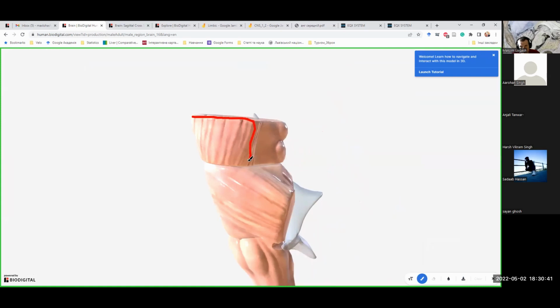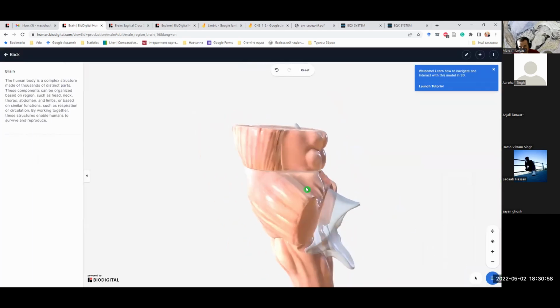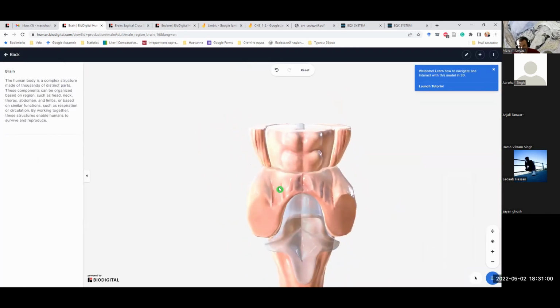We have the peduncle cerebri, a small portion of tegmentum, and the tectum in the back. That's all. That's why as an anatomic object, it's not a big problem if you understand the orientation. It's not a big problem.